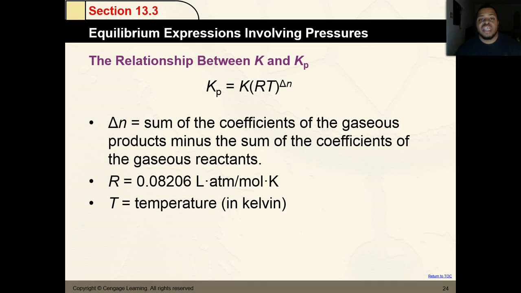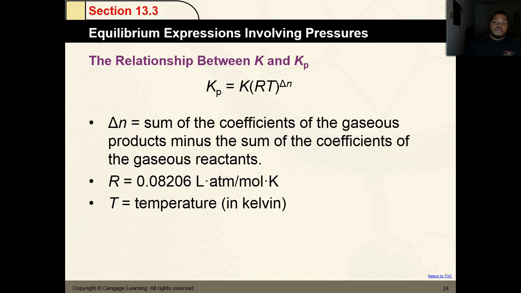Now, if I need to convert between the two, or I need to understand the relationship between my Kc and my Kp, Kp is equal to the equilibrium constant times the universal gas constant, which is given to you here on the bottom of the screen, that's R, times the temperature in Kelvin.